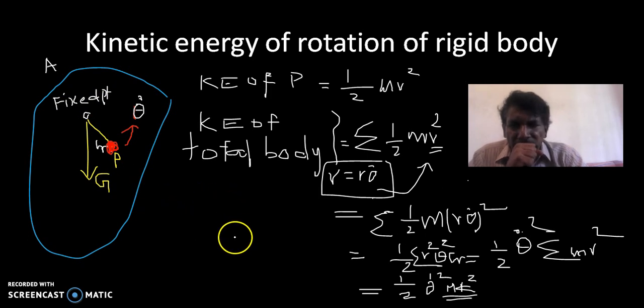Thus we can find the kinetic energy of a rigid body. Okay, so this is the way we can get the kinetic energy of any rigid body.